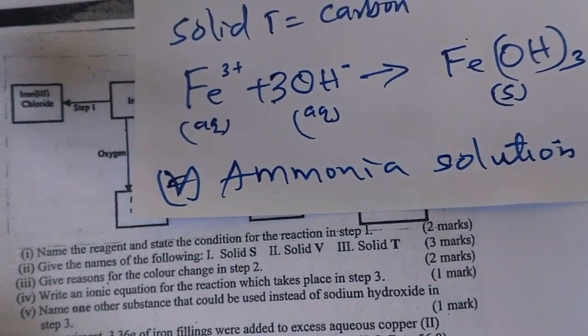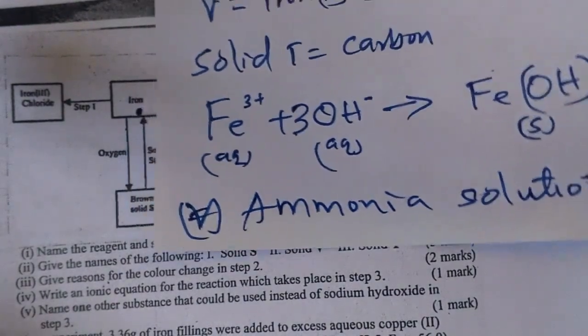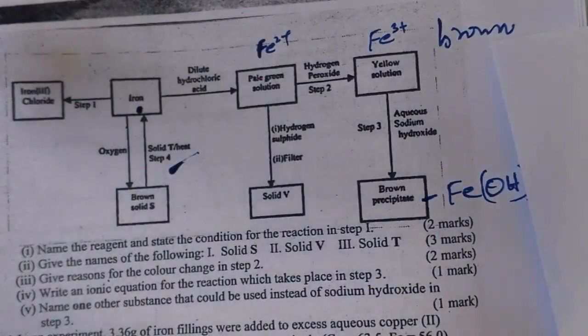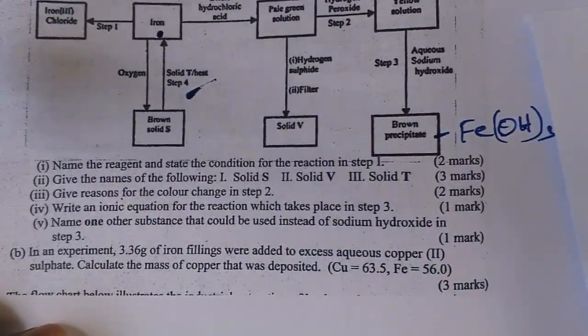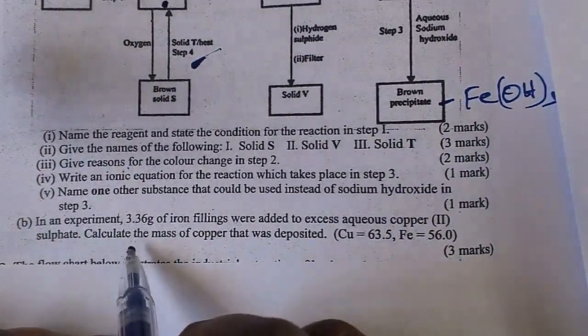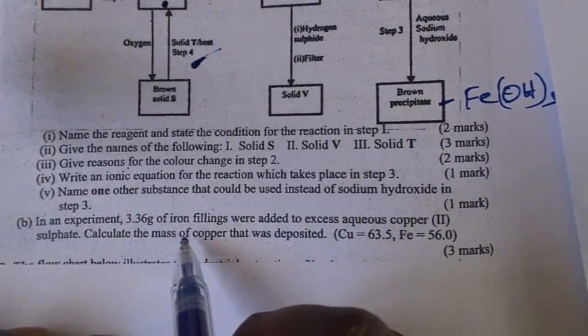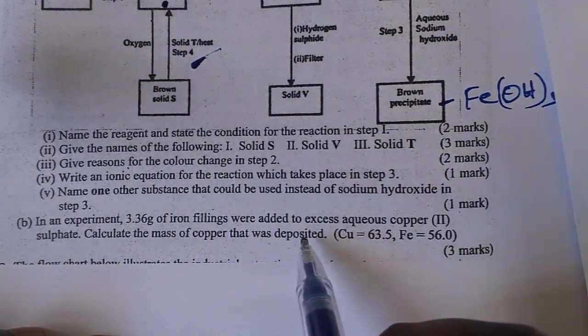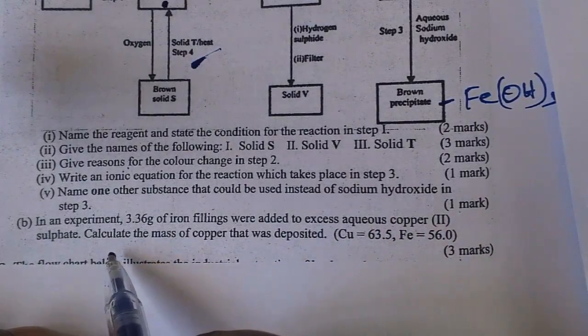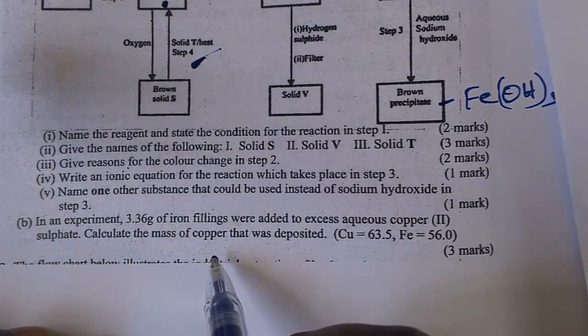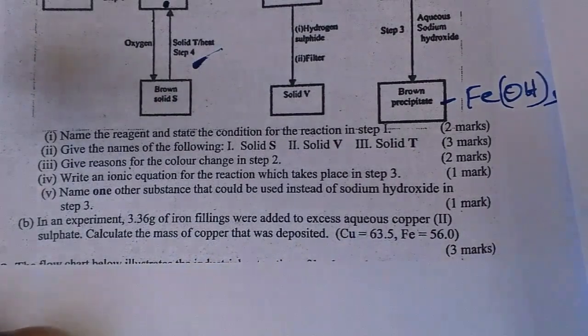Now, part B. In an experiment, 3.36 grams of iron filings were added to excess aqueous copper 2 sulfate. Calculate the mass of copper that was deposited. Now this is a displacement reaction.